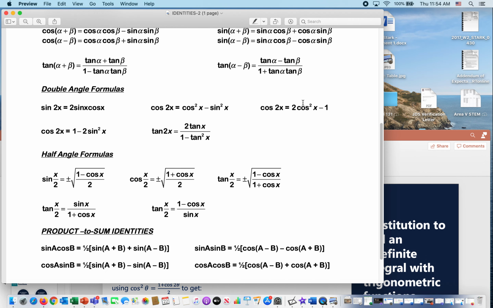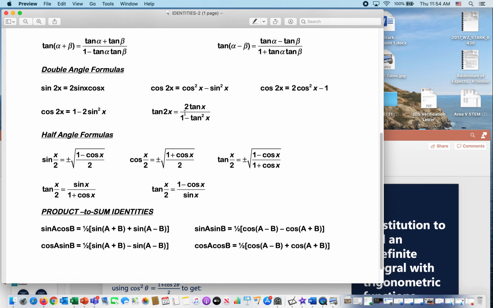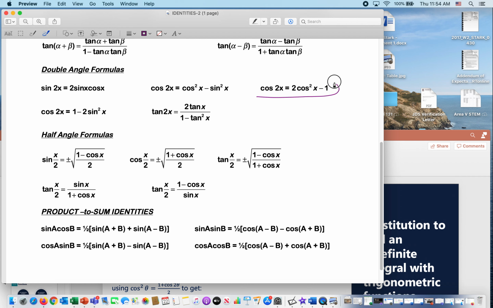Take a look at the identities here. This is that identities page I've loaded for you. And we have an identity right here that we're going to manipulate. There is a cosine squared right here, and I want to focus on this one. There's a cosine squared there, but do you see how it employs a sine as well? So I want to focus on this one because I only have cosines and numbers, right?